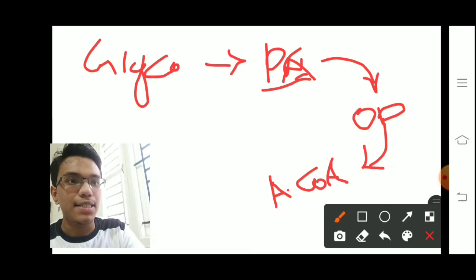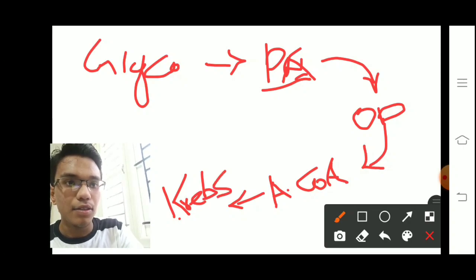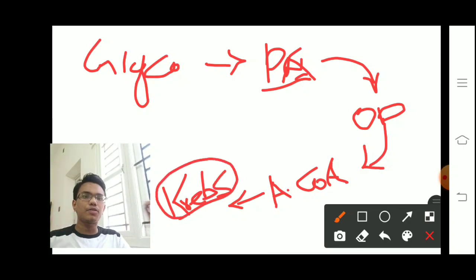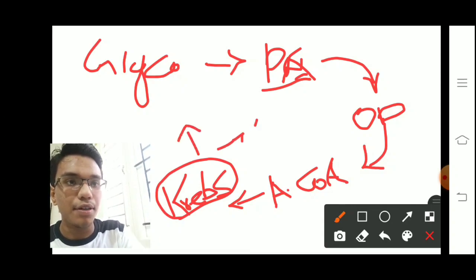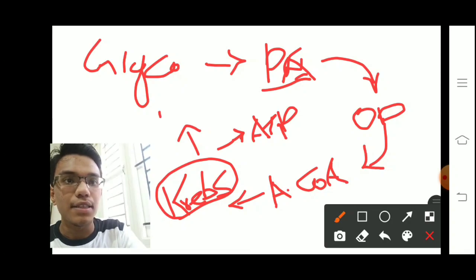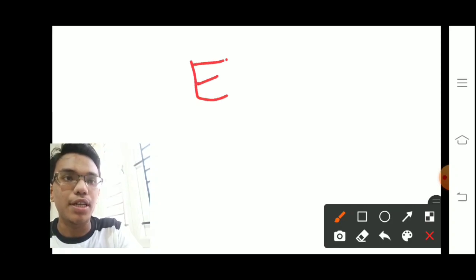Now this acetyl CoA will enter the Krebs cycle, and throughout the Krebs cycle some amount of substrates will be produced, and along with that some amount of ATP will be generated. What are these ATPs called? These ATPs are called substrate level phosphorylation. After the Krebs cycle, NADH and FADH will be produced, and these will undergo the electron transport chain, right?